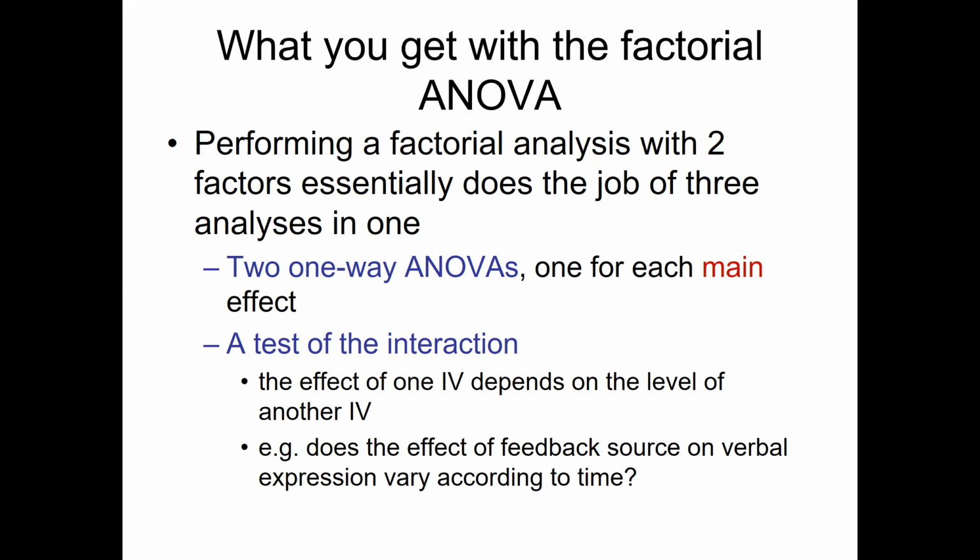So, pretty much moving to what I just said, a Factorial ANOVA results in tests of multiple effects. Say that you have two independent variables, you have tests of two main effects, and you have a test of the interaction effect.